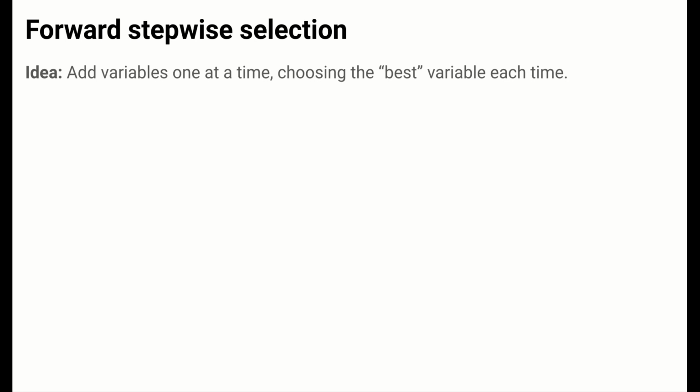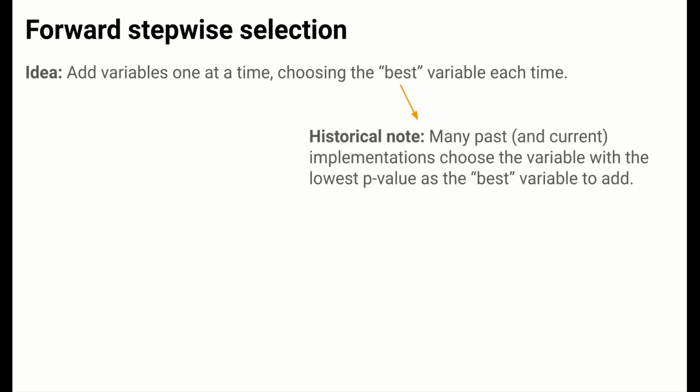So in forward stepwise selection, the idea is to add variables to a model one at a time, choosing the best variable to add each time. Again, best refers to the model quality metric chosen. One important historical note about the selection metric is that many past and current implementations of stepwise selection choose the best variable as the one that has the lowest p-value from a hypothesis test of the regression coefficient.